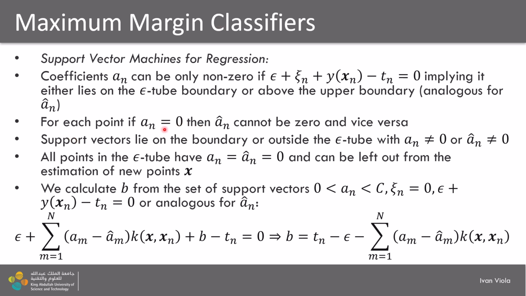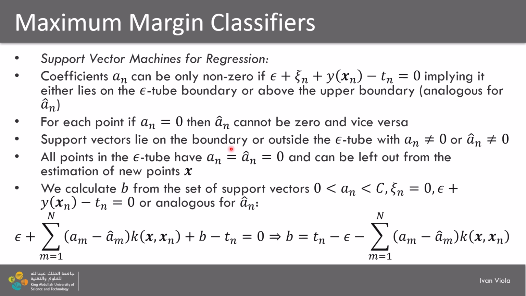This holds for the support vector points, of course. So support vectors will have one of these a_n not equal to 0, and if one is equal to 0, then the other one cannot be.